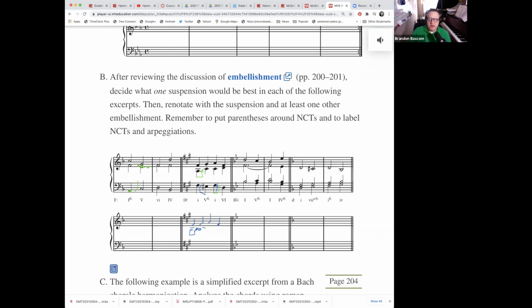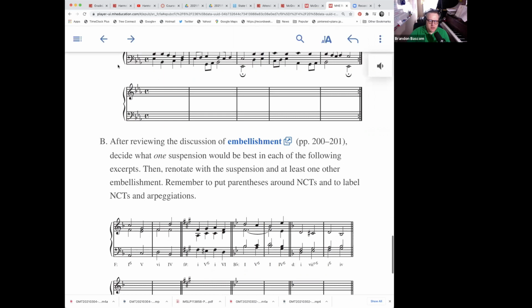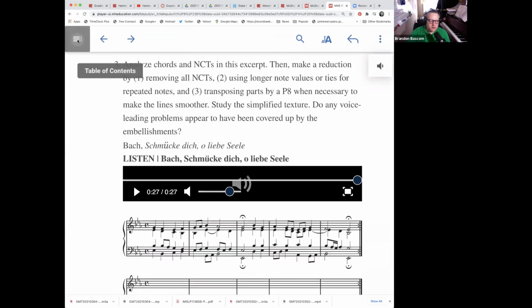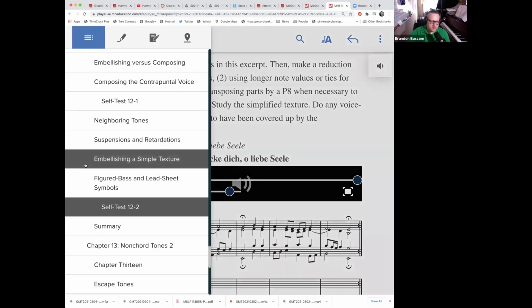Does anybody here remember what the definition of arpeggiation is? Great. Let's go figure that out because they want us to do arpeggiations and none of us remember what it is. Chapter 12.